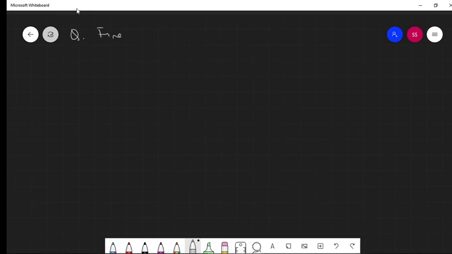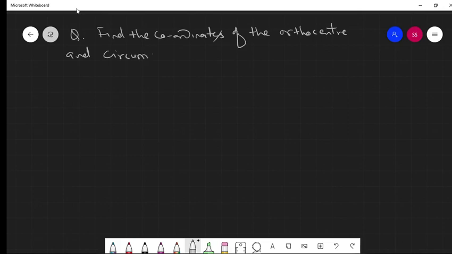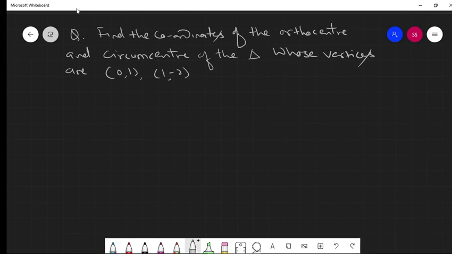Find the coordinates of the orthocentre and circumcentre of the triangle whose vertices are 0 comma 1, 1 comma minus 2, and 2 comma minus 3.